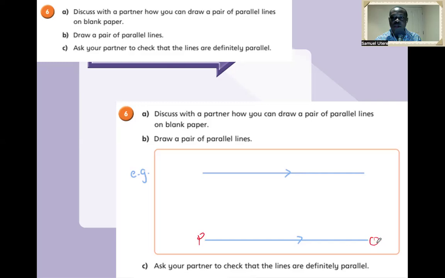And an easy way is for you to take a protractor and you mark points here, you mark points there, and then you make sure that you place the crosshair of your protractor here and mark an identical 90 degrees on the protractor point on top of that point. And then you mark another one there using your protractor, and then you use a ruler to connect those points.